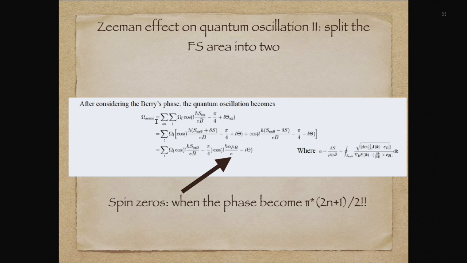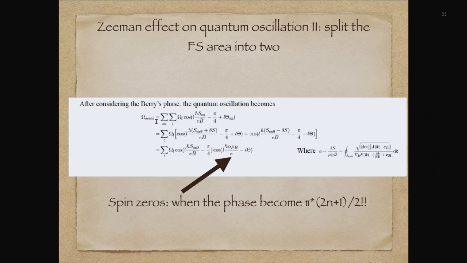So in quantum oscillation, you got two cosine terms adding up together. So you end up with just a phase factor in front of the ordinary quantum oscillation phase determined for non-magnetic, without considering the Zeeman effect. So the Zeeman effect just contributes a phase factor here.